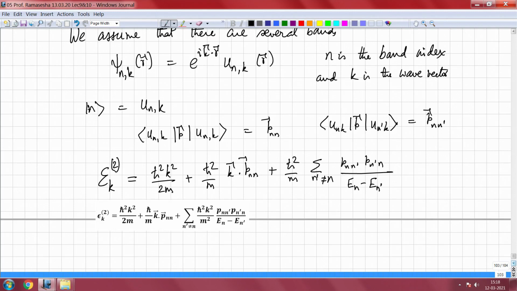Notice that I have dropped the subscript k for my states u_nk because I am fixing k.